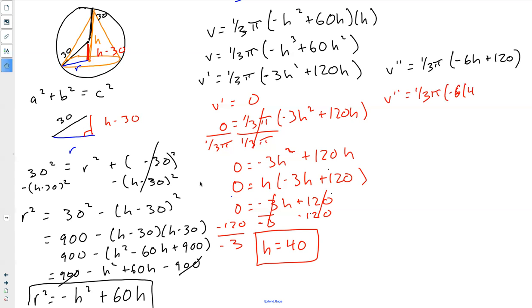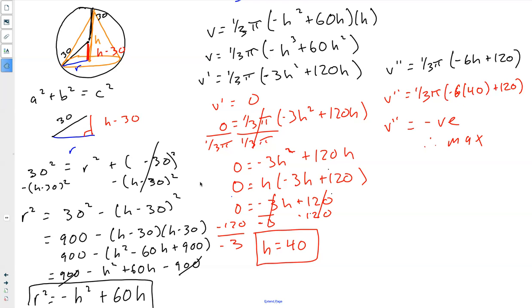Negative 6 times 40 plus 120. And negative 6 times 40 is negative 240 plus 120, still a negative number. So v double prime is a negative answer. Therefore, this is indeed a max function.